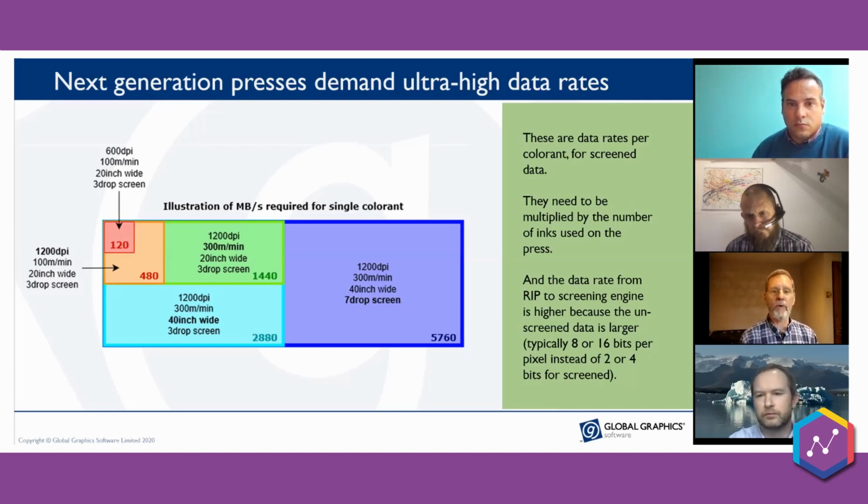In the wide format, you might be adding light cyan, light magenta, white as well, maybe a metallic too. And pretty much every industrial print space has its own different collection of inks, but many of those go beyond 4 colorants as well. So, you multiply this up for a press with, say, 8 inks, and you're well over 40 gigabytes per second.